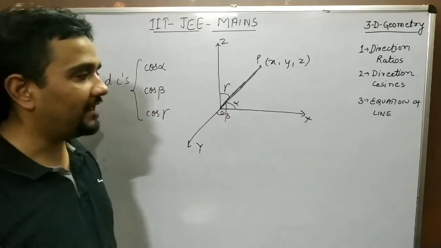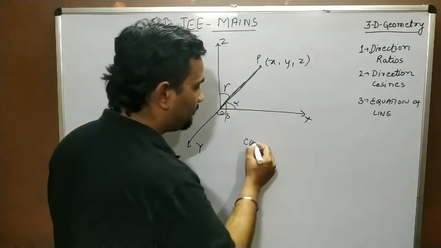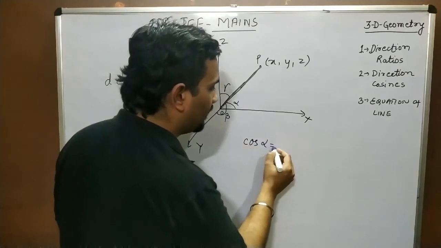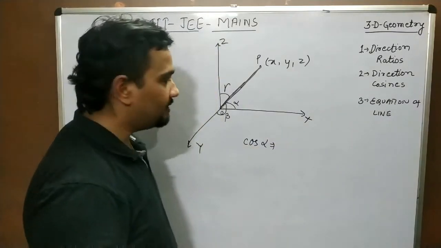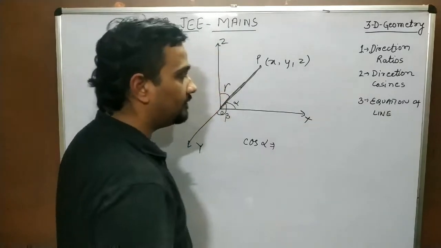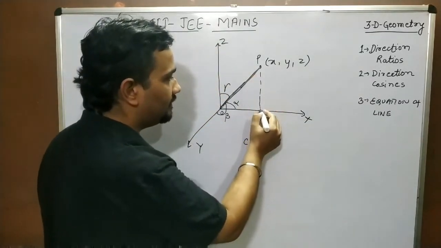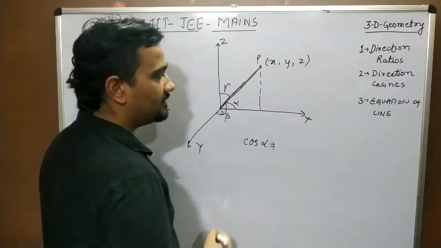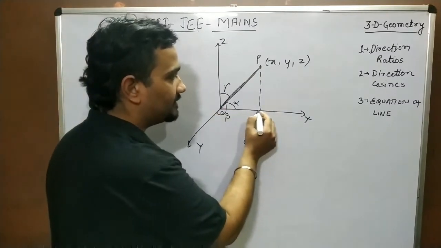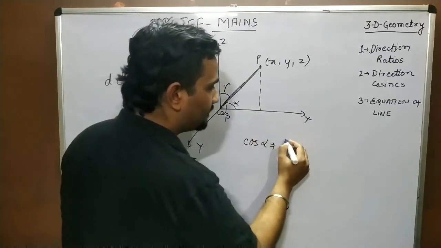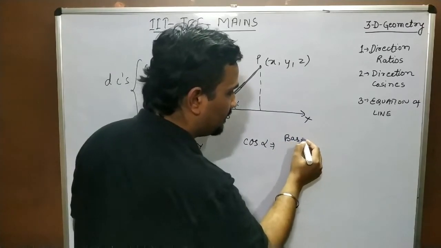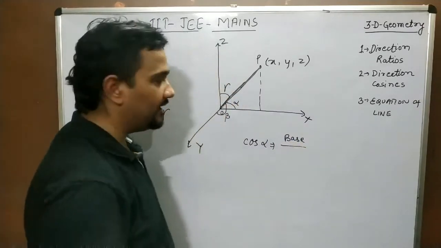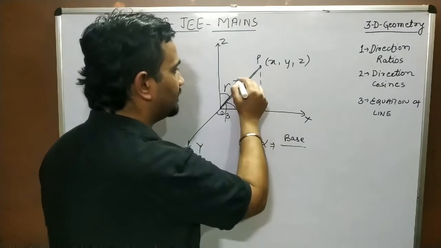So how is cosine defined? Cosine is always defined as cos alpha. Cos alpha is defined by the perpendicular distance from x, and this is the base on the x-axis, and this distance is r.